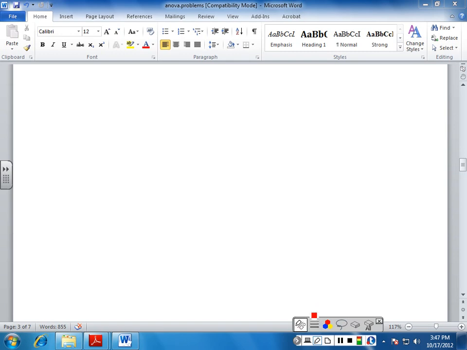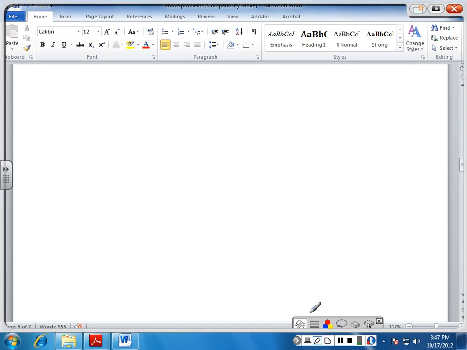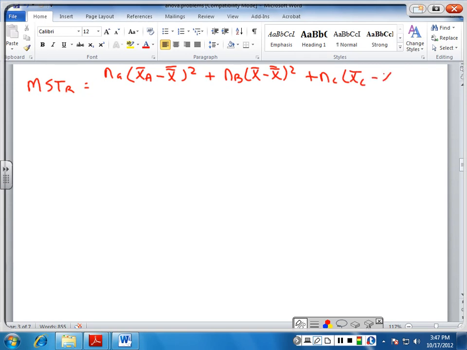Okay, so as promised, we calculate MSTR for you. It's NA times x bar A minus x bar bar squared, and then just repeat the same thing for group B, and then again for group C. All that's divided by K minus 1.